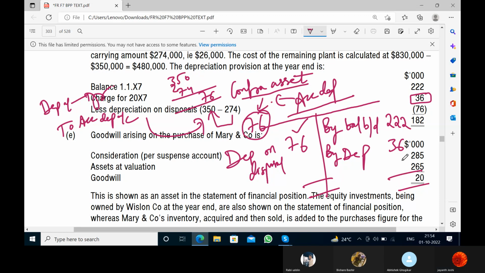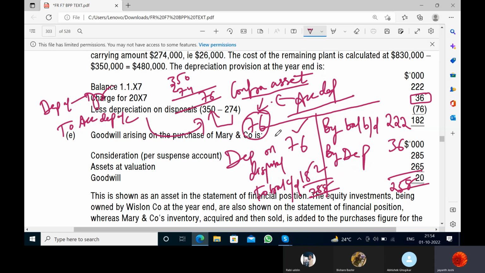So 222 plus 36 is 258. 258 minus 76 is 182. So this is to balance carry down. So this is your accumulated depreciation now.